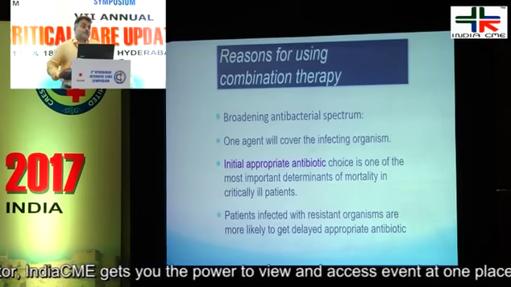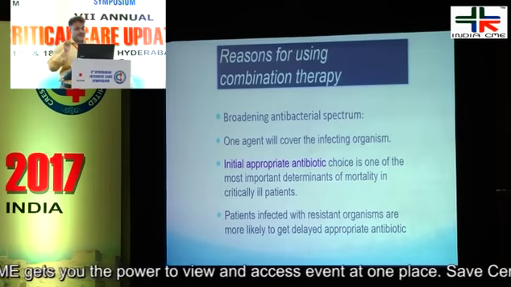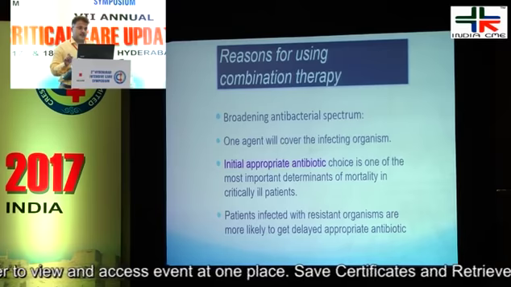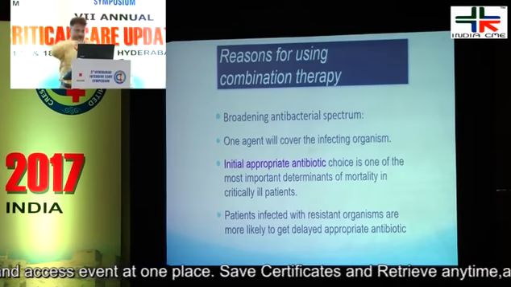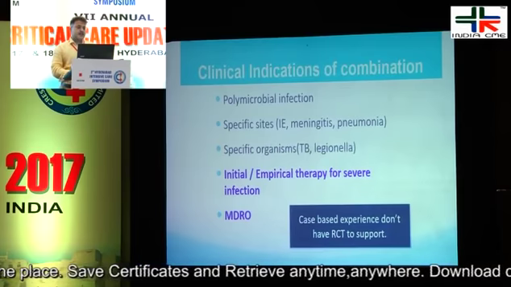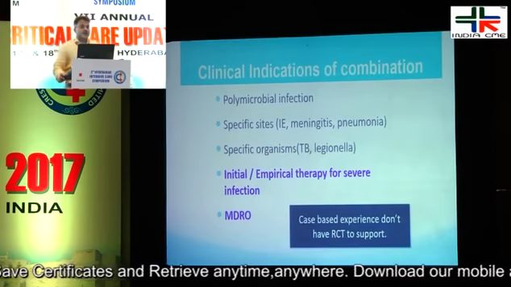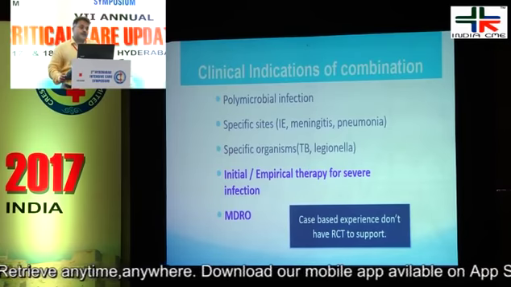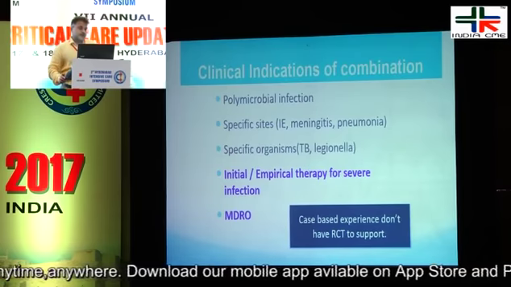Why do we combine antibiotics? The basic reason is we want to start an initial appropriate antibiotic to decrease mortality. Whatever the reason here, the basic intent is that. Indications: if you have polymicrobial infection like abdominal sepsis, infective endocarditis, meningitis, pneumonia, there is a very, very strong recommendation.